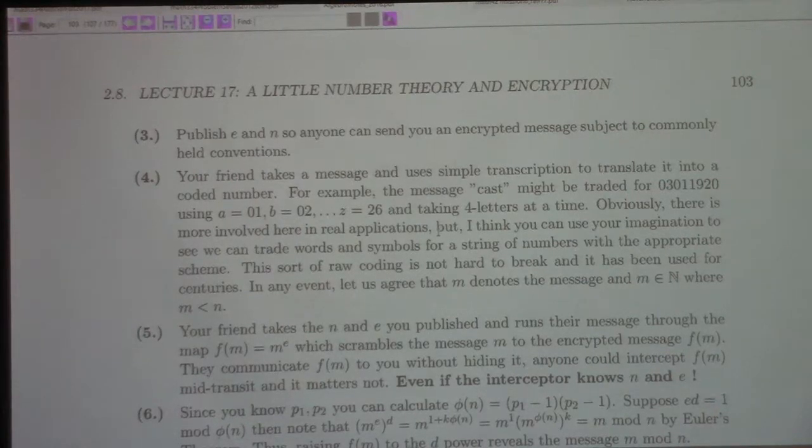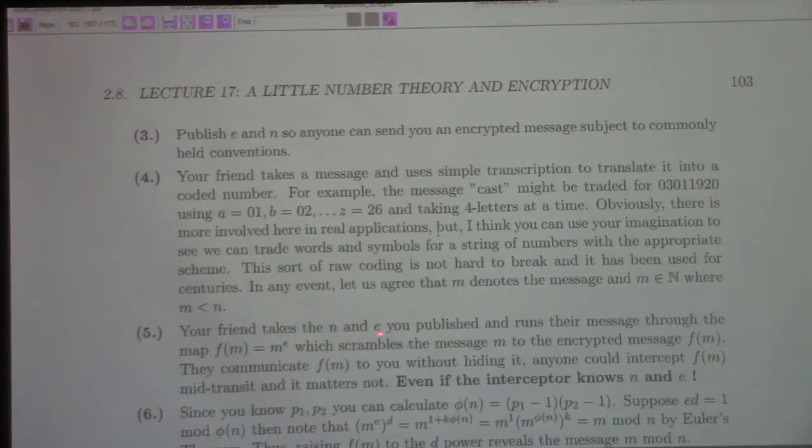So let us agree that m denotes the message, and m is going to be some natural number, and we also need it to be less than n. But that's okay, because our n is huge, so it's not an issue. And also we break that into blocks if the message is too large. That's more of the details I'm not getting into.